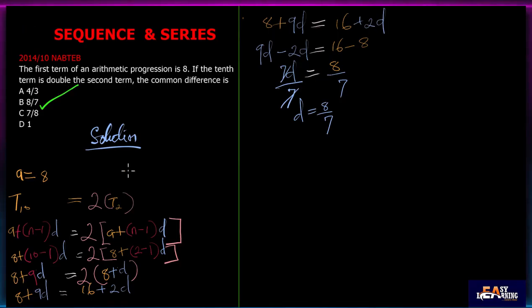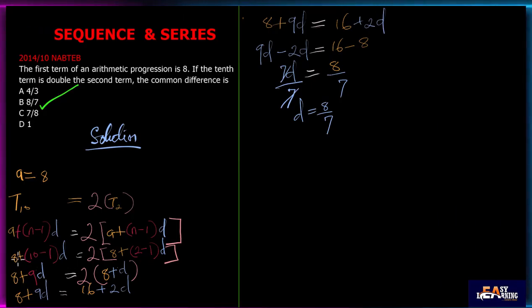Okay, so this was simple. We are told that the 10th term is equal to 2 times the second term. T subscript 10 represents the 10th term, 2 times T subscript 2 represents the second term. Using the general formula for the nth term, a plus (n minus 1) times d equals 2 times a plus (n minus 1) times d, we inputted our values.